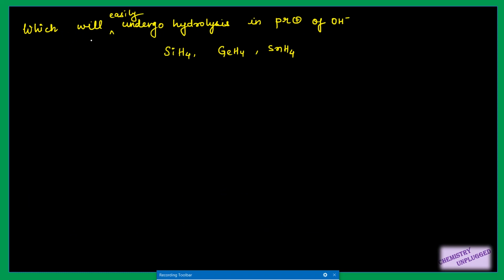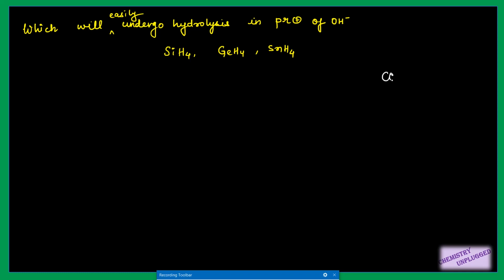Next question is, which will easily undergo hydrolysis in presence of OH minus? So this topic is related to electronegativity, because in this case we have silicon, germanium and tin, and all of them have d orbitals, right? So we cannot relate it with the d orbitals. Because in case of carbon halides and phosphorus halides, we can relate the hydrolysis with the availability of d orbitals.